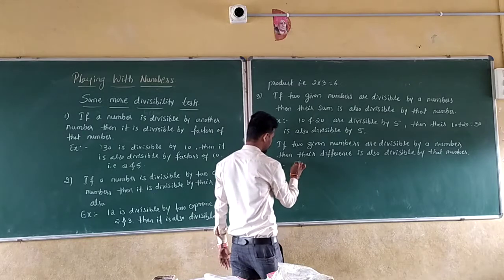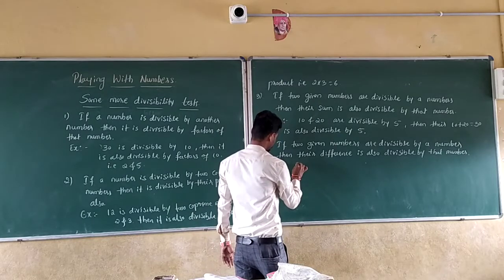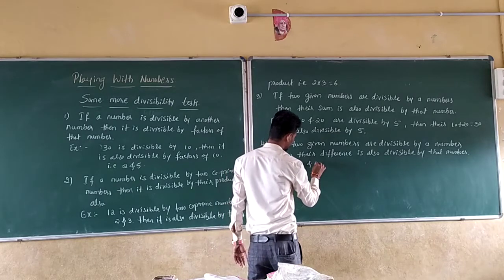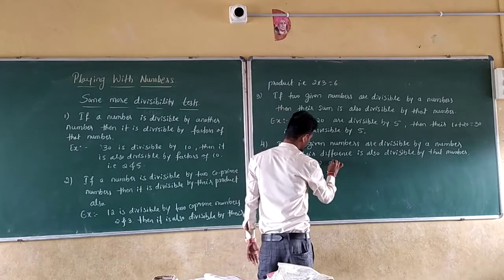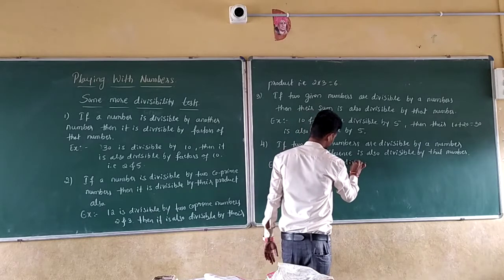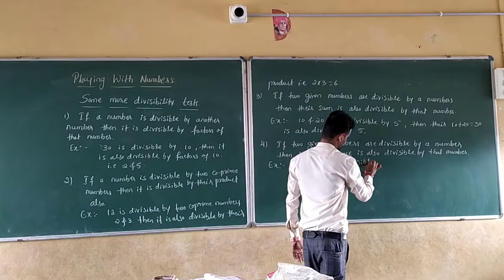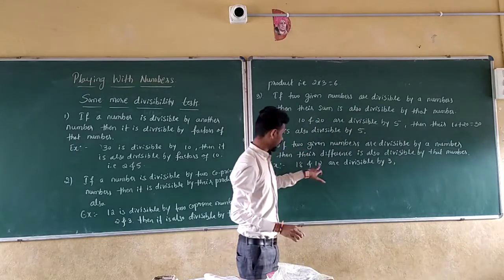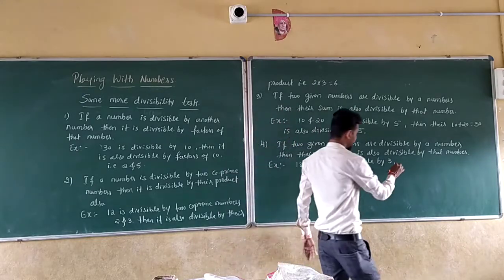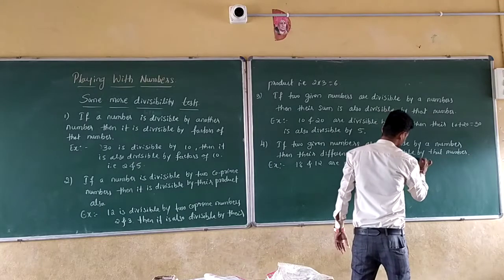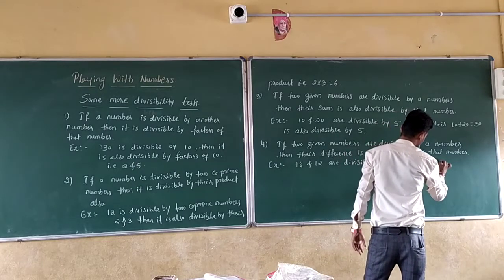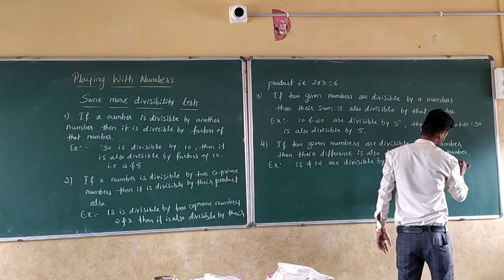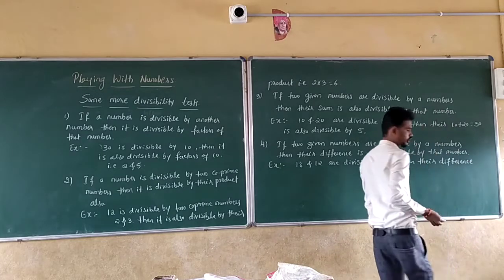Take another example. Take 18 and 12, divisible by 3. 18 and 12 are divisible by 3. Then their difference, how much will you get?